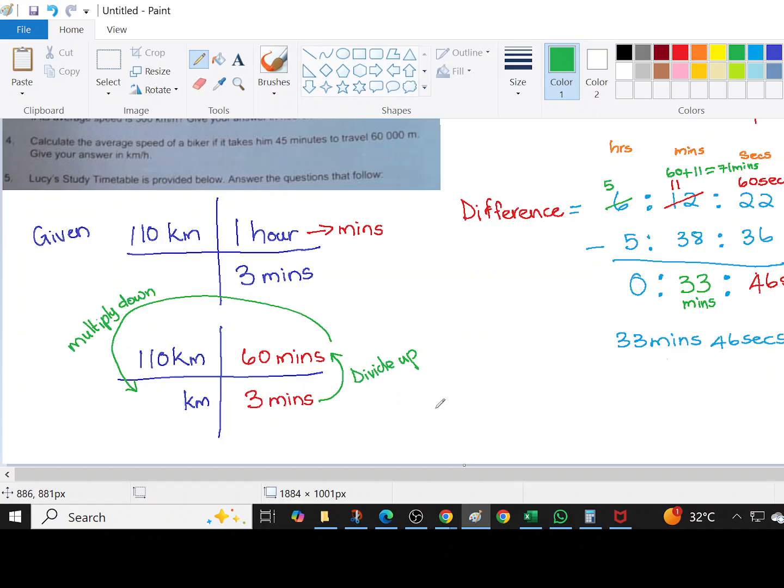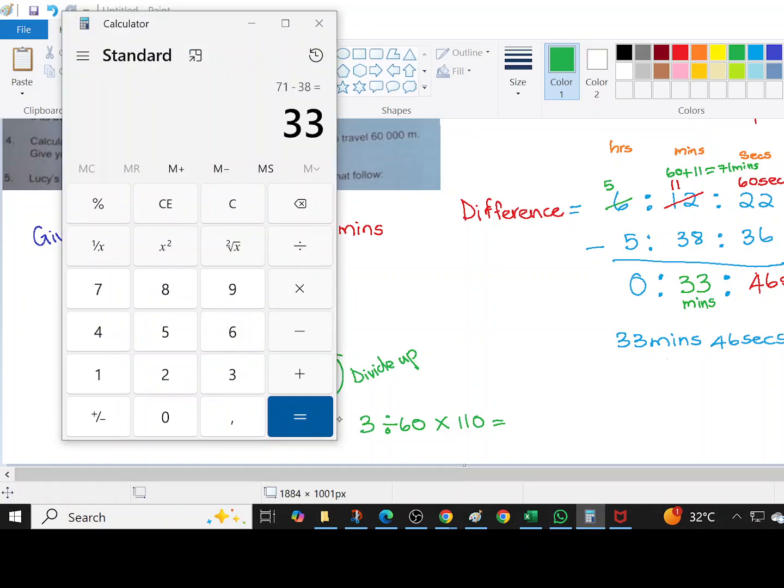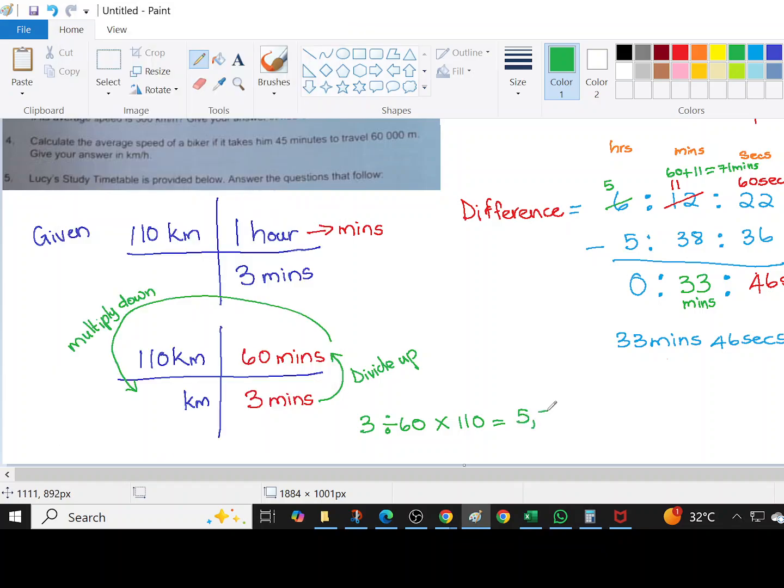So therefore, your sum now is written 3 divided by 60 times 110. 3 divided by 60 times 110, and it gives you 5,5 kilometers. That is your answer.